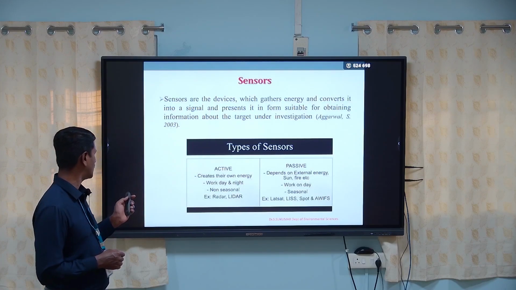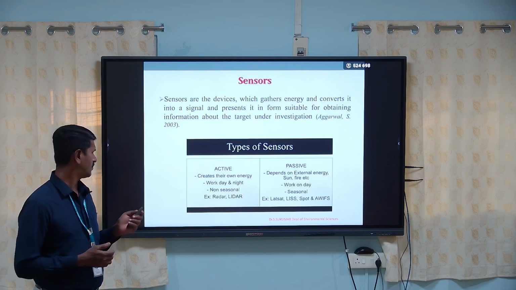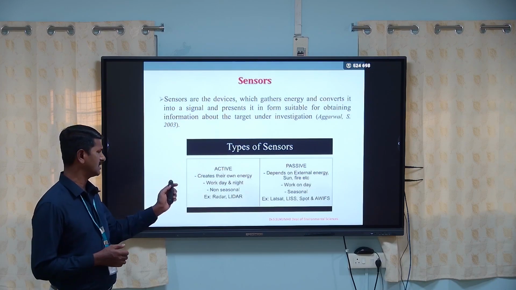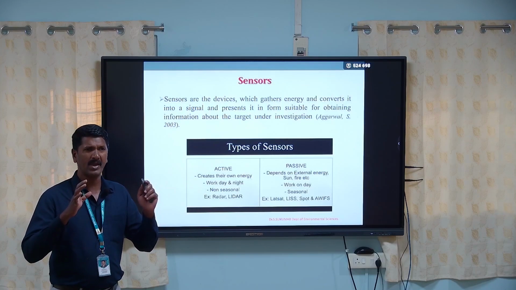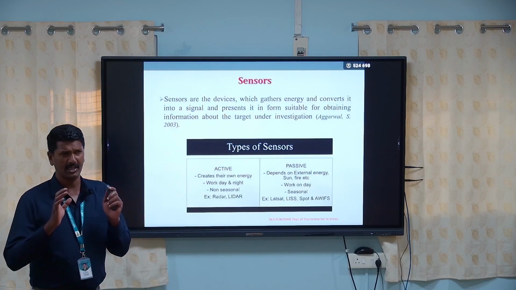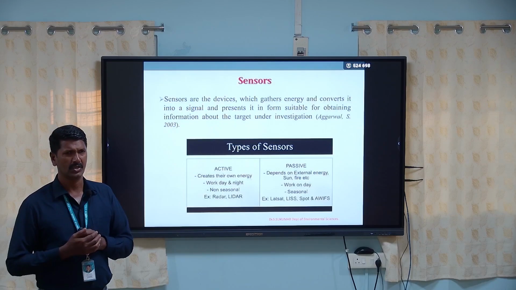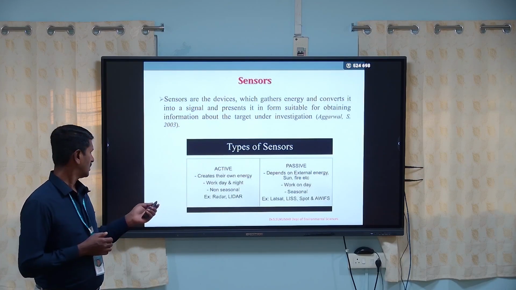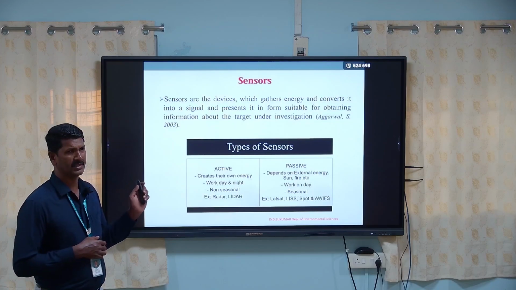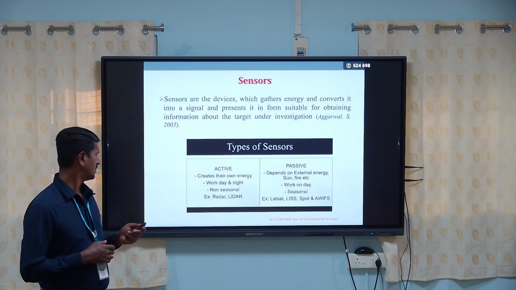The active sensor creates its own energy and works day and night, but the passive sensor depends upon external energy. The satellite itself has its own energy and sends the light source to the ground surface. That is the major difference. So what is the difference between an active sensor and a passive sensor? Energy is the major difference.